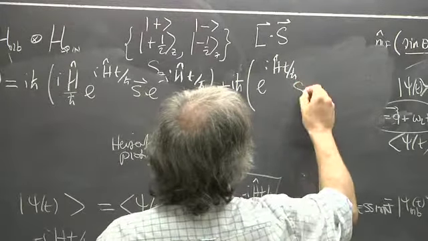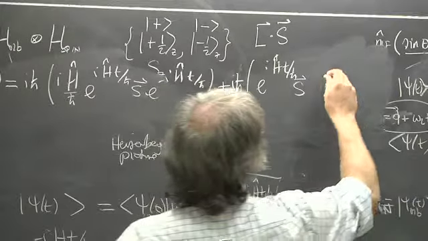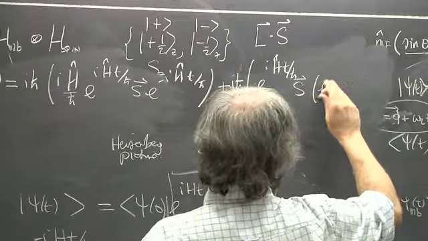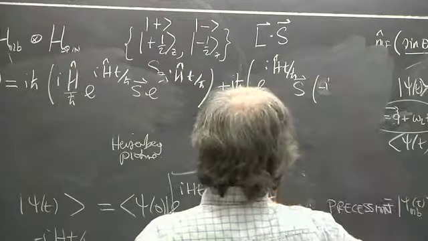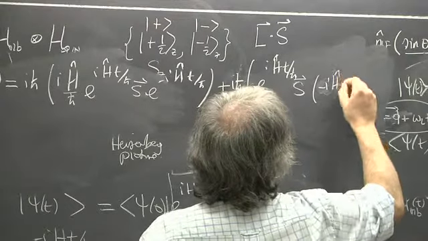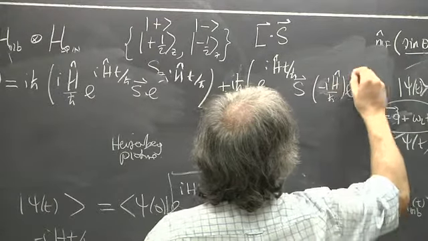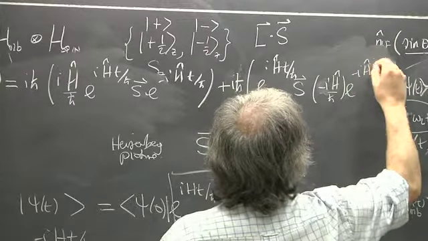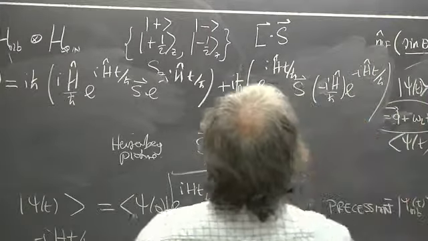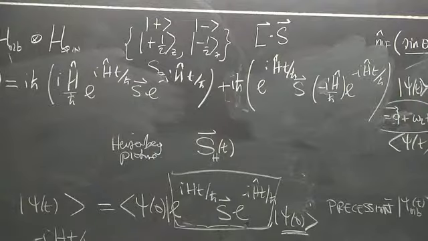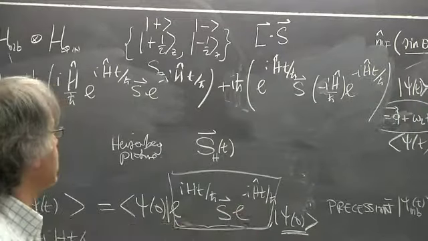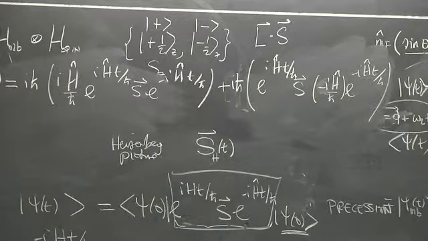So S is there, and then I take here minus i H over h bar e to the minus i H t over h bar. Now, two derivatives, because there are two exponentials there. You have to be careful with the order, however.